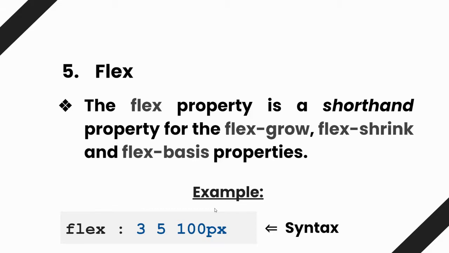So in the example we have, the 3 that we see here is the flex grow, which means it should grow three times the default value. But also we have the next value of 5, which means it would shrink 5 times faster than the default values of other flex items. And here we have a flex basis of 100 pixels, which would set the width of the flex item to 100 pixels. So we'll be seeing all of these demonstrations in VS Code very soon.